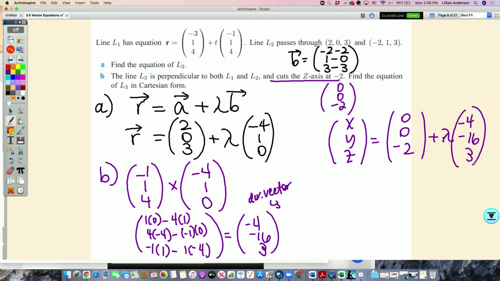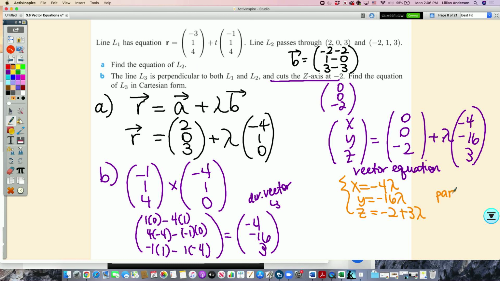If I wrote it as a parametric equation, what would it be? Very good. And so now we can write our final answer, which is what they were asking for in the question.